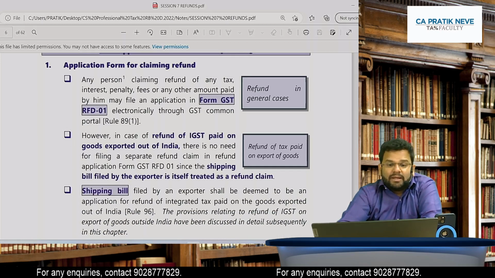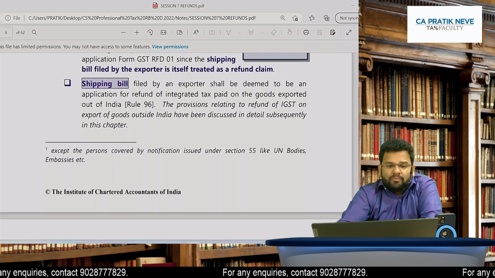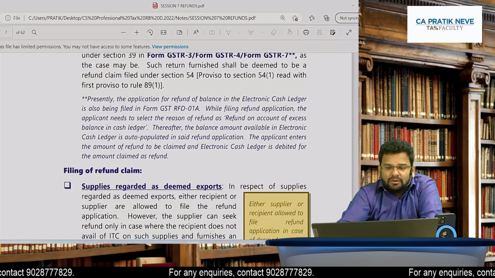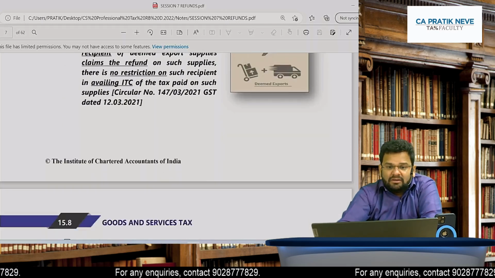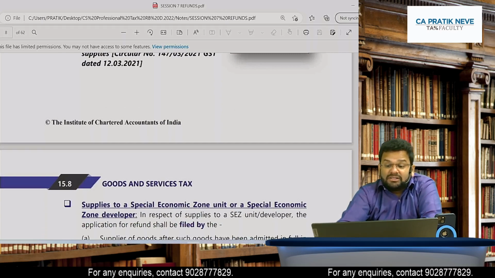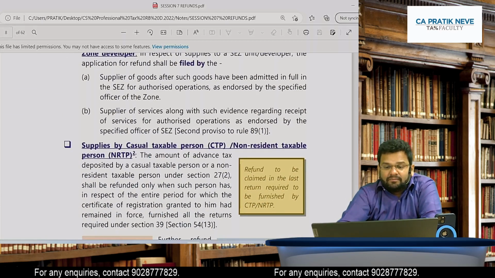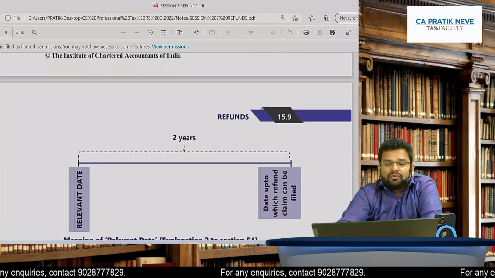Is it clear? Quickly let me know. So form numbers you can check, but this important point I am telling you, when to file declaration of unjust enrichment not happening and when to file certificate.